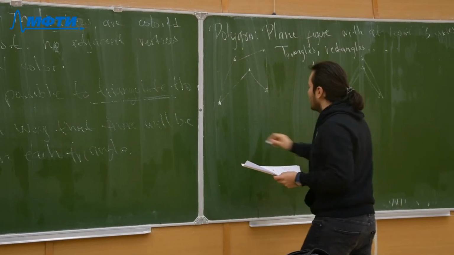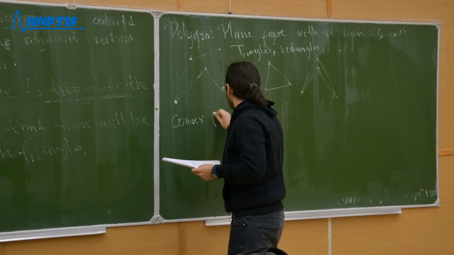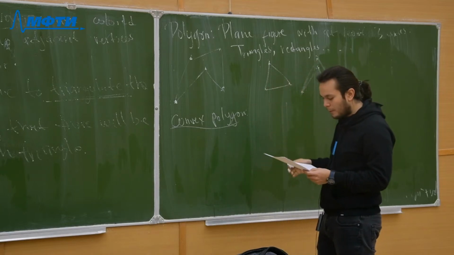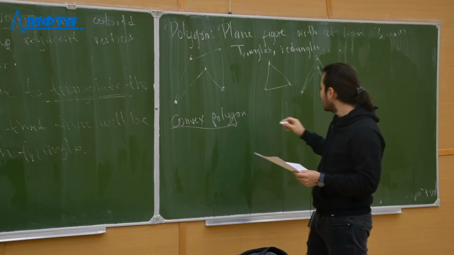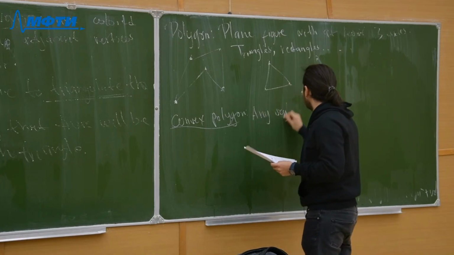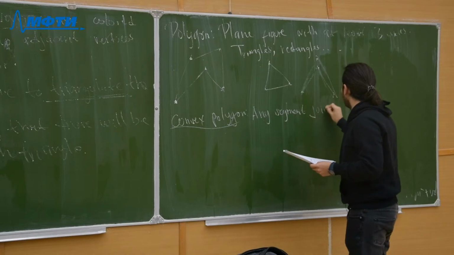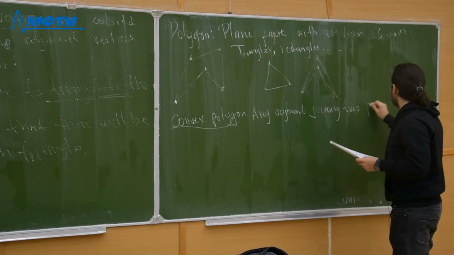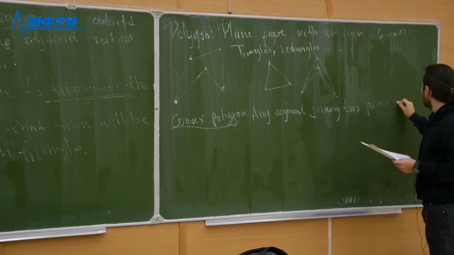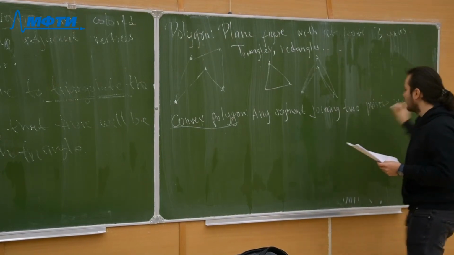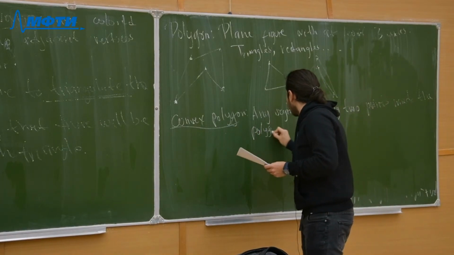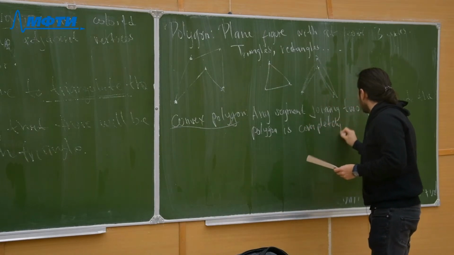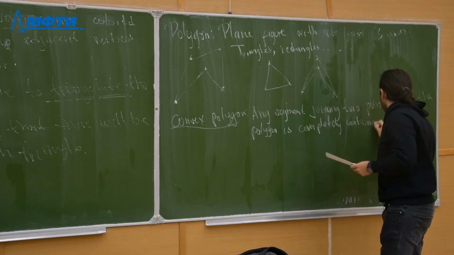And a convex polygon, and in general a convex set, but just convex polygon, it's that any segment joining 2 points inside the polygon is completely contained in the polygon.